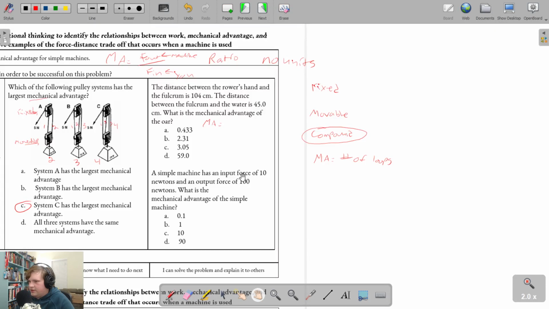Mechanical advantage has different formulas for each machine. For a lever, it is the distance of your effort over the distance of your resistance.